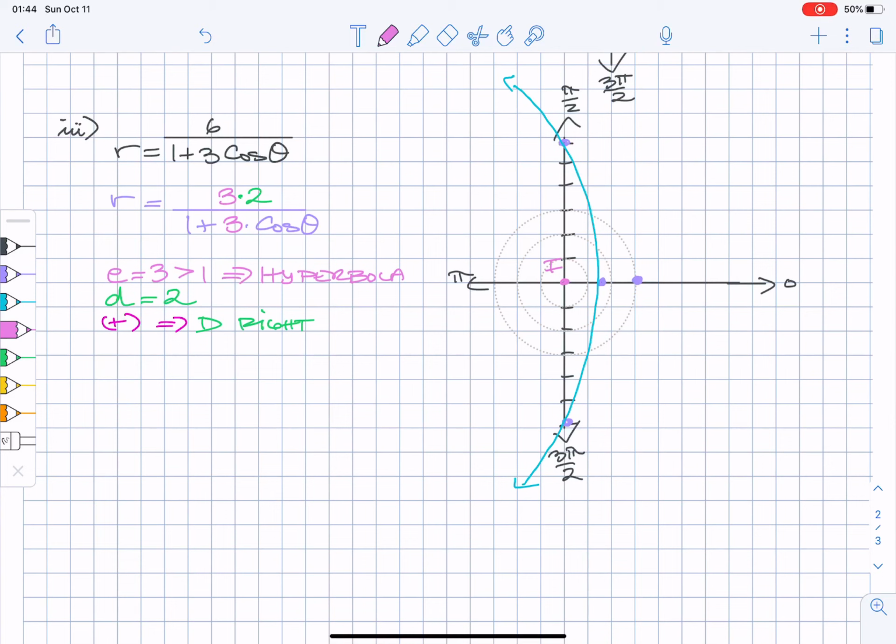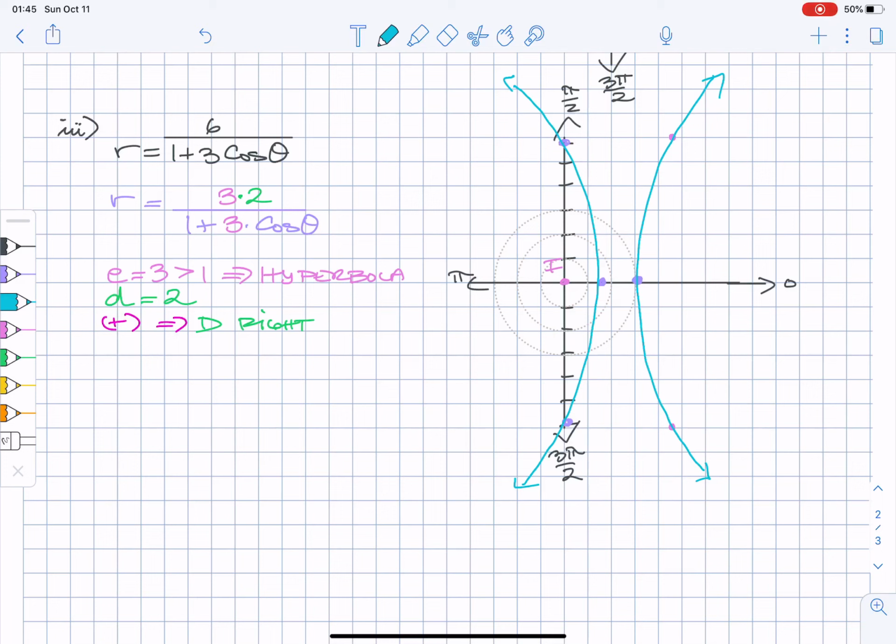I should have a point here along the same line, 1.5. So it should be a mirror image on either side.